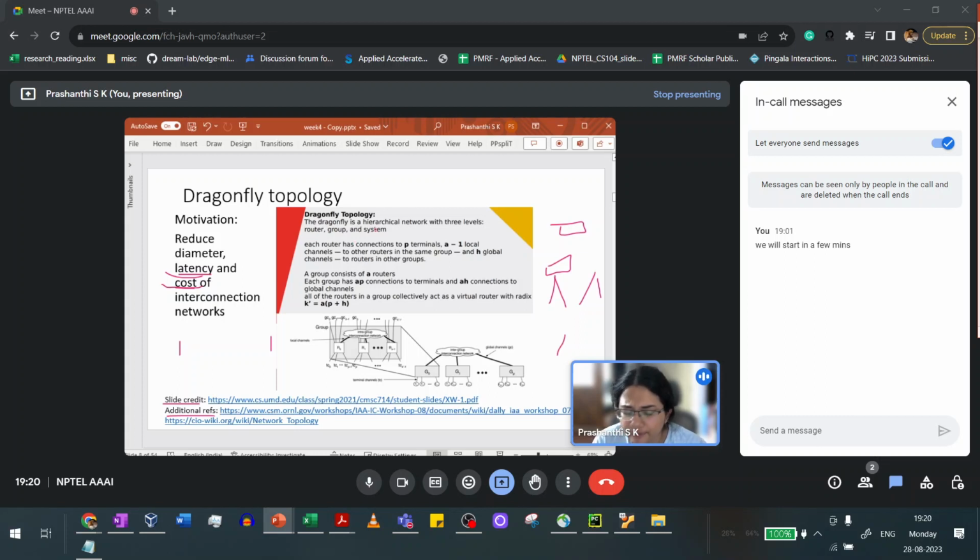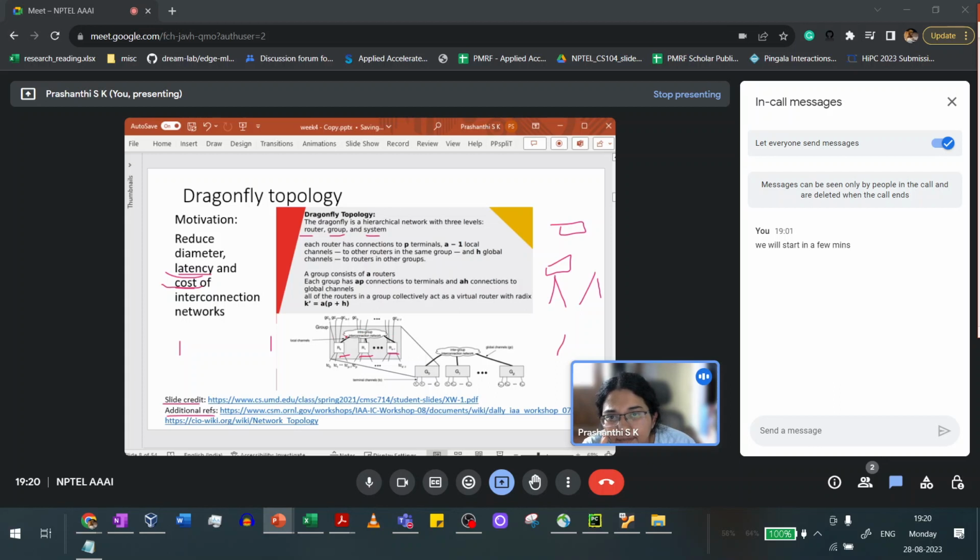As I had mentioned in one of your assignment problems, dragonfly is a hierarchical network with 3 levels. Those 3 levels are router, group and system. If you take a look at this block diagram, you will see a bunch of routers here, and some of these routers are connected.